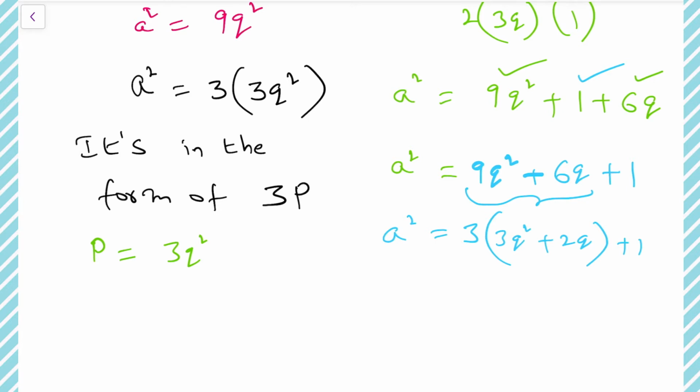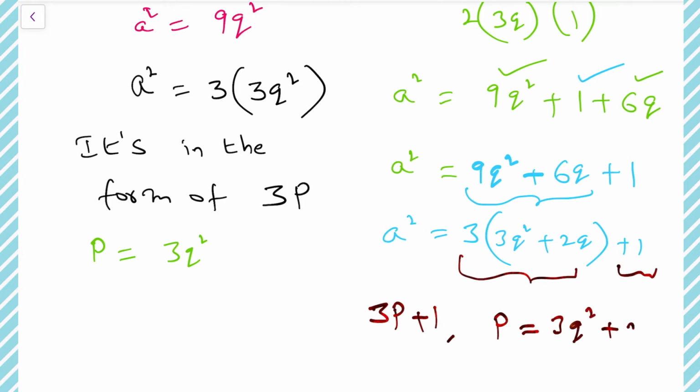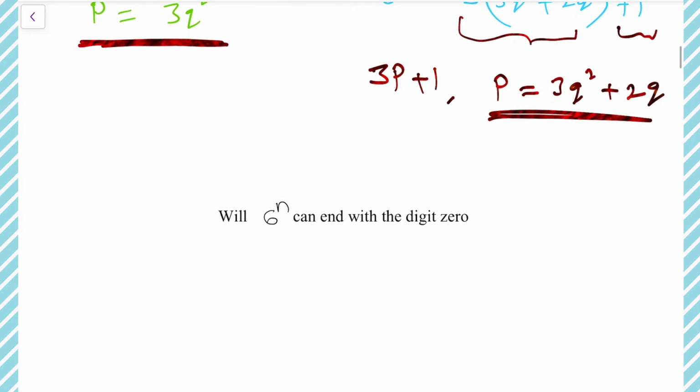So now this value is in the form of 3p plus 1, where p equals 3q square plus 2q. And in this type of questions you should not compare the case 1 p value and case 2 p value. Both are completely different.